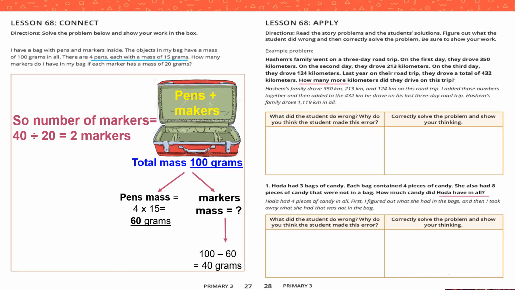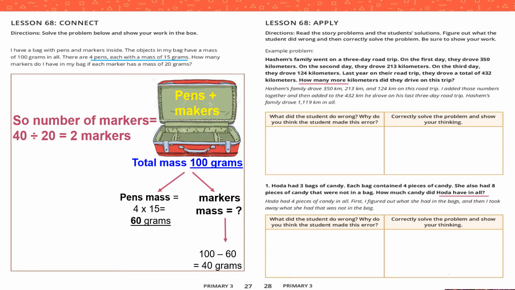So we have 3 days, and each day they drove some kilometers. On their road trip last year, they drove a total of 432 kilometers.